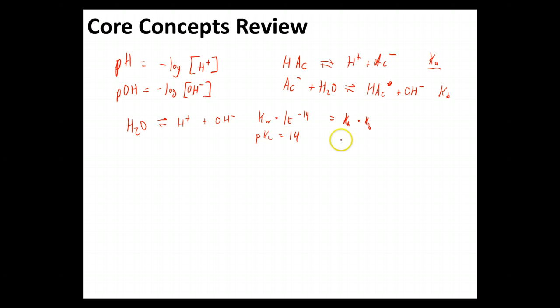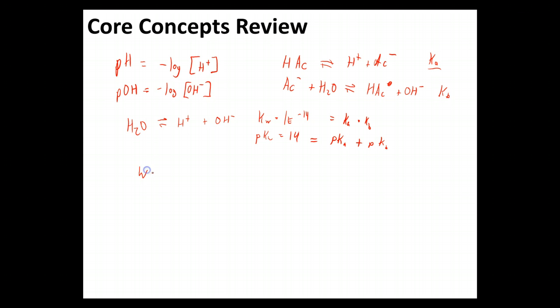Now an important consequence of that is that our pKa plus pKb has to equal pKw. In other words, add those together, they have to add up to 14. So you can see we have a number of ways of getting between Ka, Kw, Kb, and any of our p versions of those two numbers.